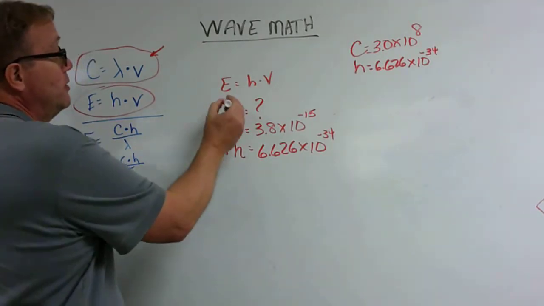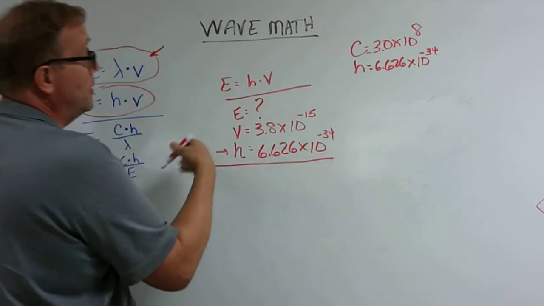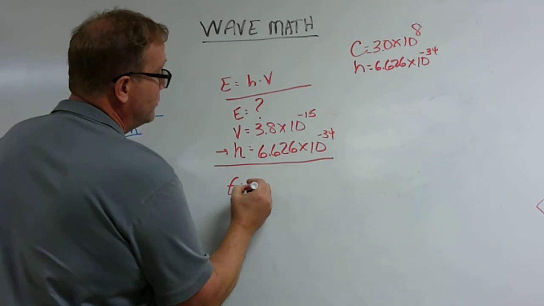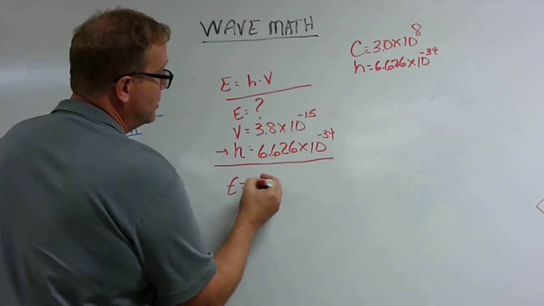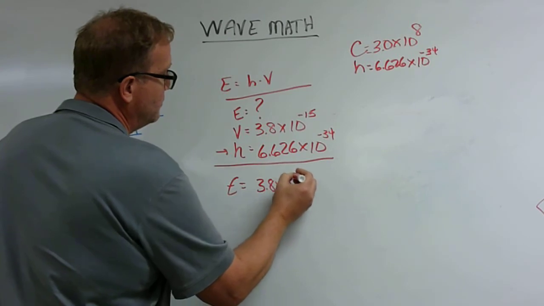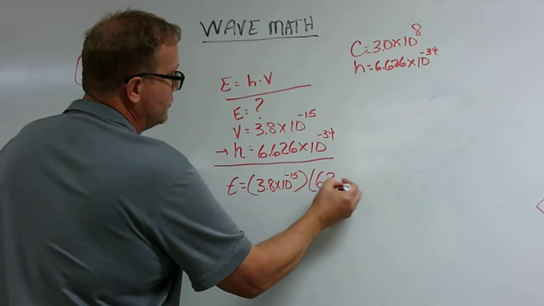So let's say I want to just place this in the formula. Well, that's kind of easy because all I have to do is multiply these two numbers together. So it's going to be basically 3.8 times 10 to the negative 15. And then you're going to multiply it by this number here.